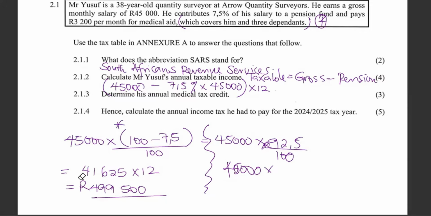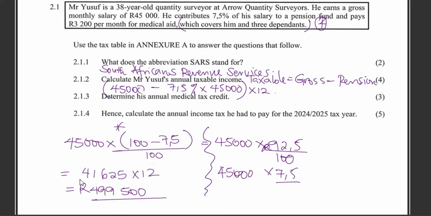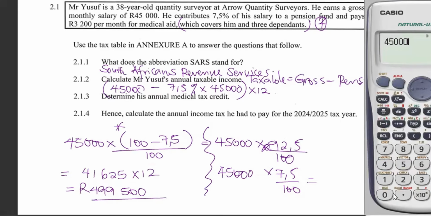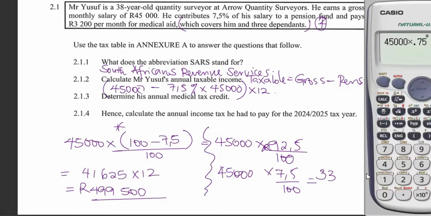Someone else could have done this. $45,000 times 7.5. So this becomes 33,750.